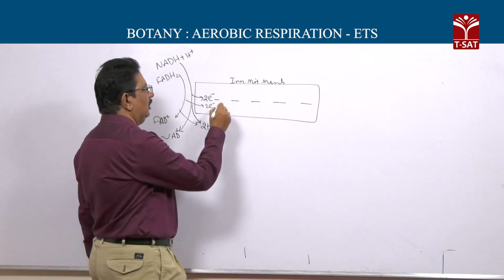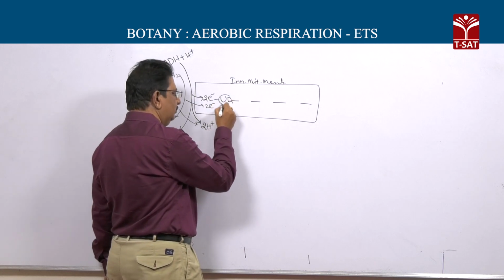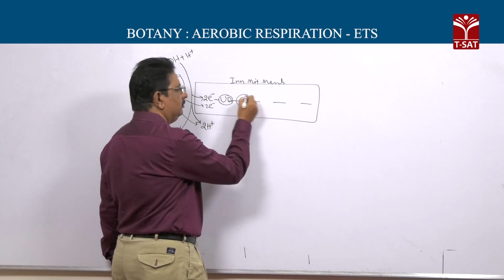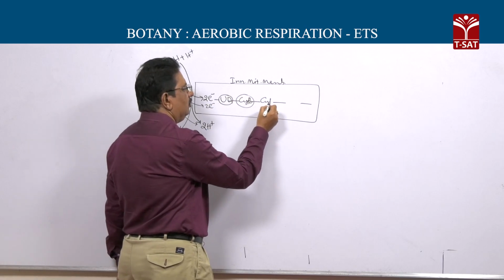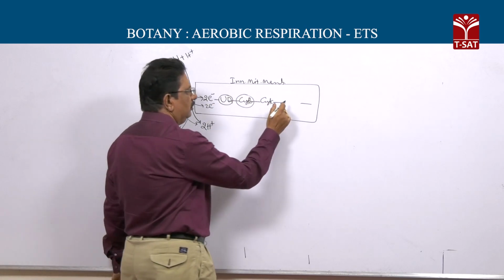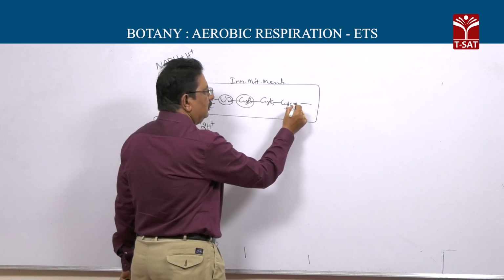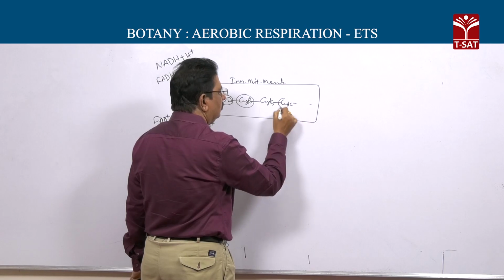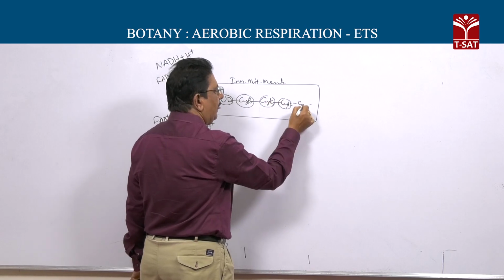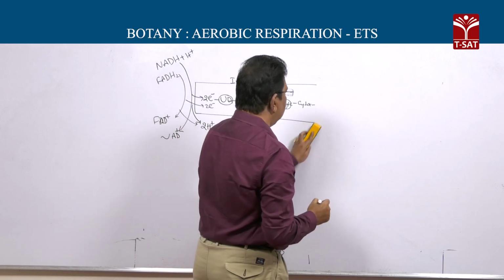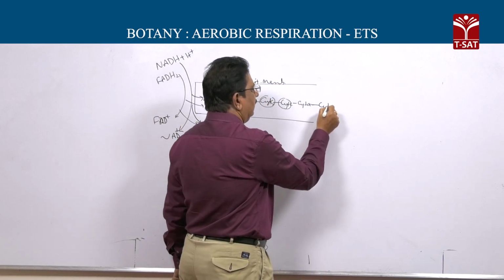These are ubiquinone, cytochrome B, cytochrome C1, cytochrome C, cytochrome A, and finally cytochrome A3.